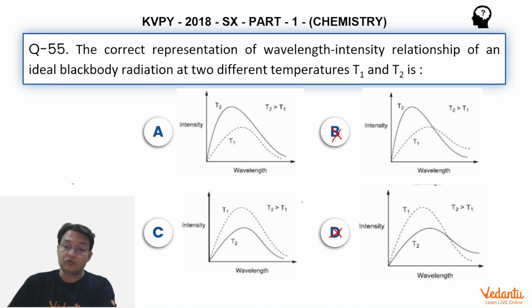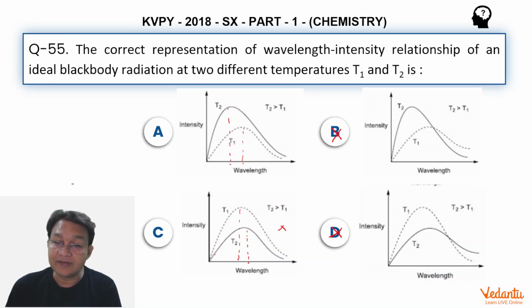Now we are left with two other options, T2 and T1, and T1 and T2. If we look at the peak of these graphs in option C, and we know that T2 is greater than T1, then the C option is absolutely wrong, because if T2 is greater than T1, how come this line is below this line?